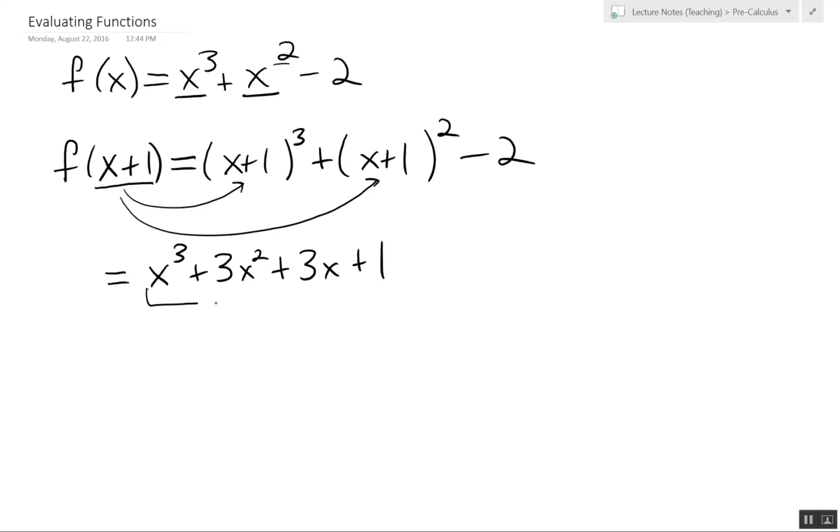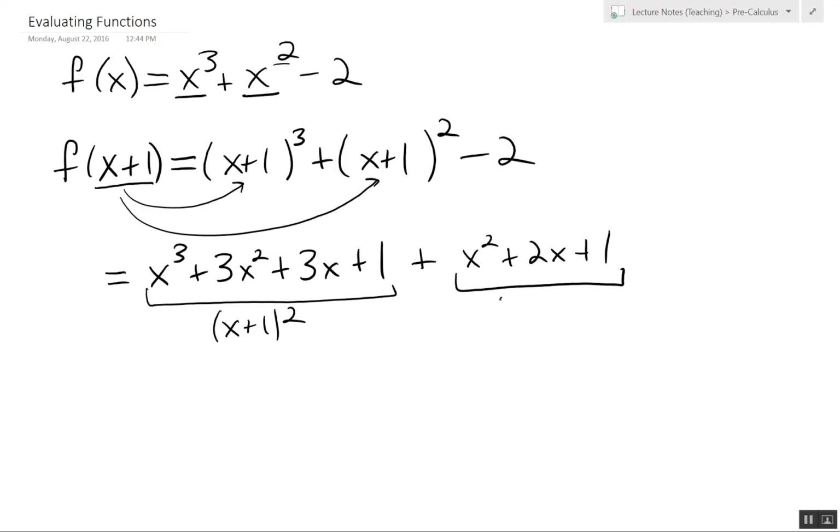So this is the part that is x plus 1 all cubed. Plus, and then x plus 1 squared is just our normal perfect square formula: x squared plus 2x plus 1. So this part here is the, oh, I miswrote that. That should be a 3. So over here is the x plus 1 all squared. And then the minus 2 just comes along for the ride.